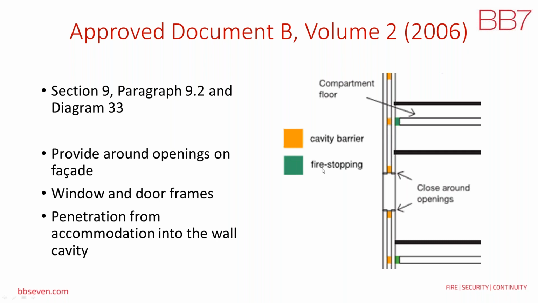You'll notice also that there's fire stopping here. The fire stopping is inside the external wall envelope. Now, fire stopping can be used in the external wall also if you are unable through your design to provide a cavity barrier. So you may find that a cavity barrier doesn't really fit your design. So you could use a fire stopping element instead. And fire stopping is contained in Section 10 of Approved Document B.